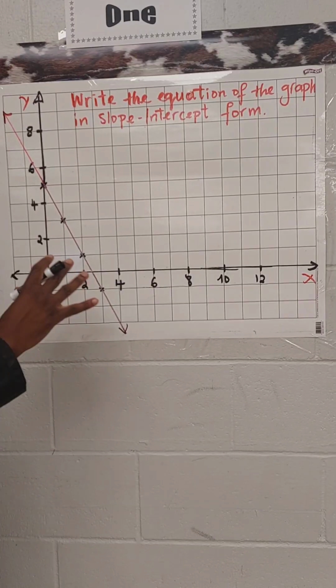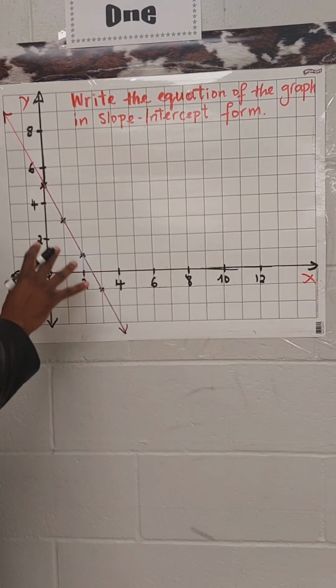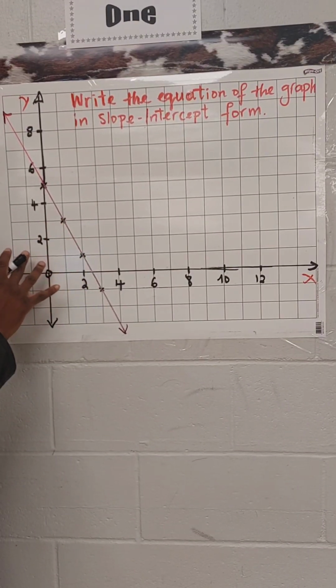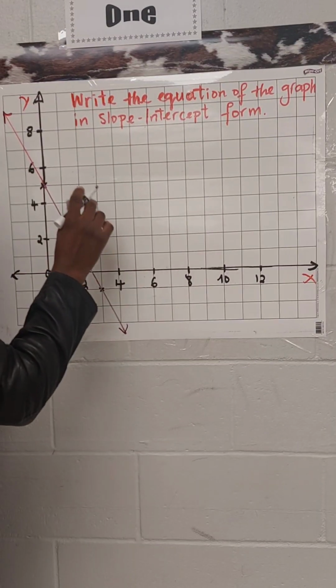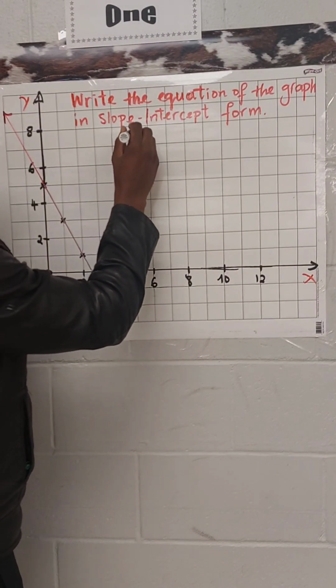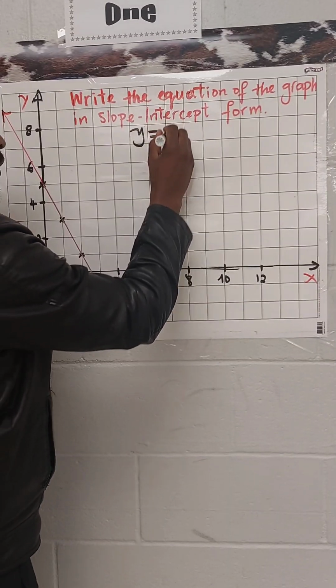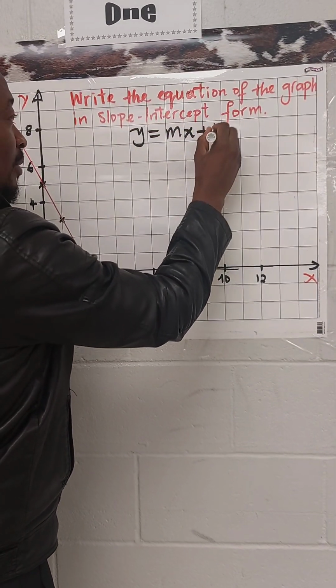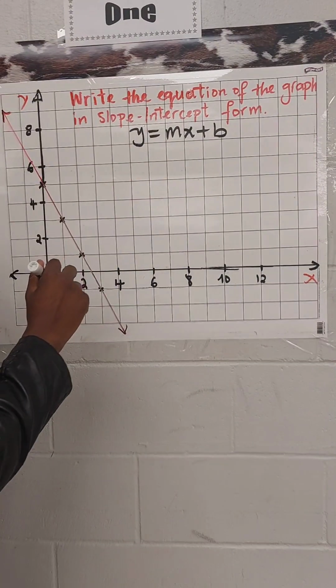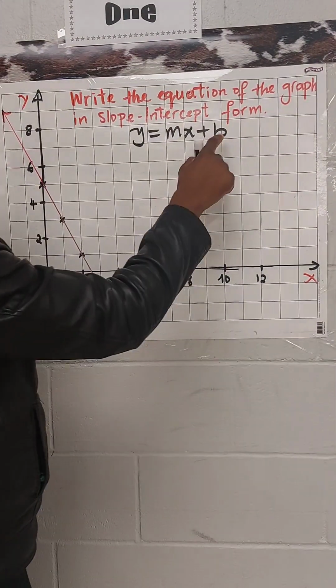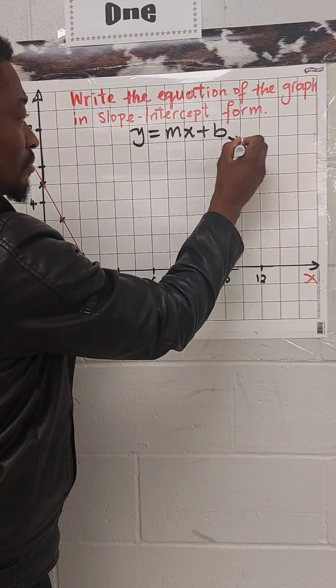So, in this video, we want to write the equation of this graph in slope-intercept form. Slope-intercept form of any linear function is written as y equals mx plus b, where m represents the slope and b represents the y-intercept.